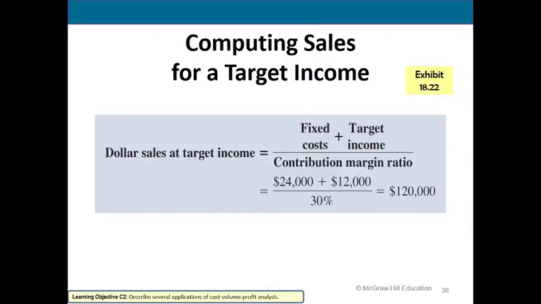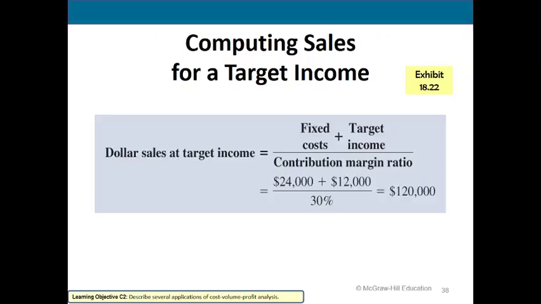All right, so if you know your fixed cost and you know your contribution margin ratio, you can figure out the dollar sales that you need to have at a particular target income. And so here, let's say we want a target income of $12,000.